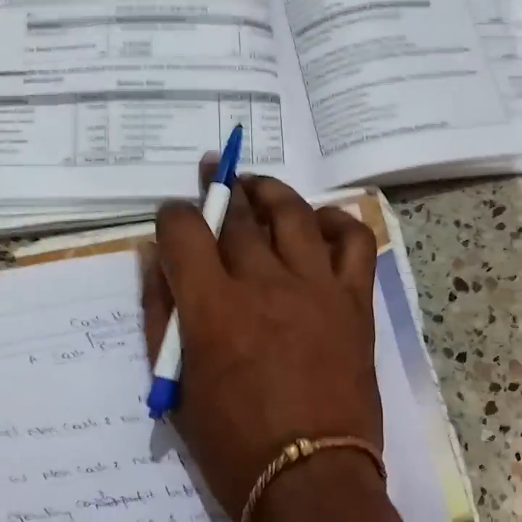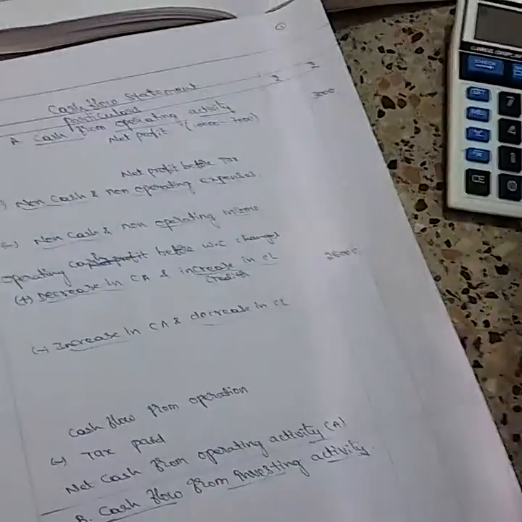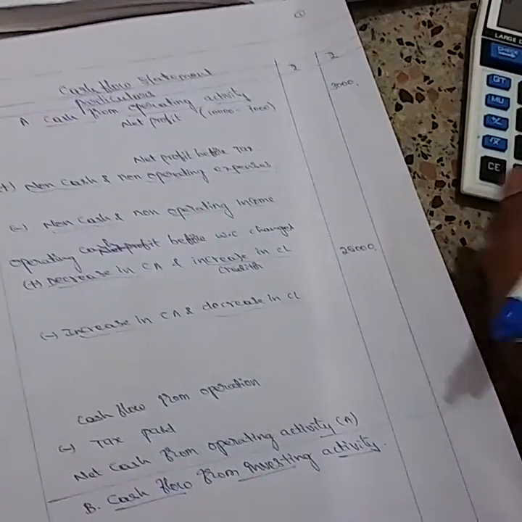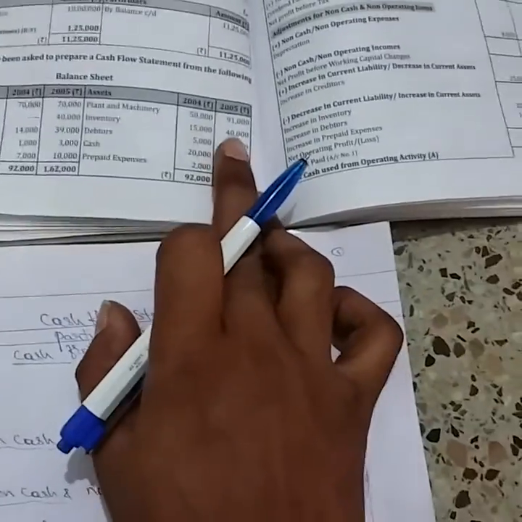Inventory, a current asset, increased. If a current asset increased, it should be deducted. So current asset increased to the extent of 40,000 minus 15,000, 25,000. In the second year, inventory is increased here.